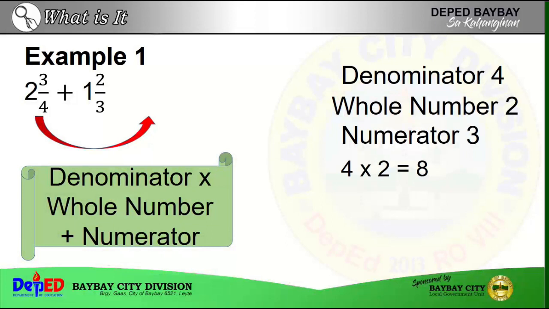So 4 times the whole number 2 is equal to 8. Then 8 plus our numerator 3 is equal to 11. Then it will become 11 over our denominator 4. Take note that the denominator will be retained.